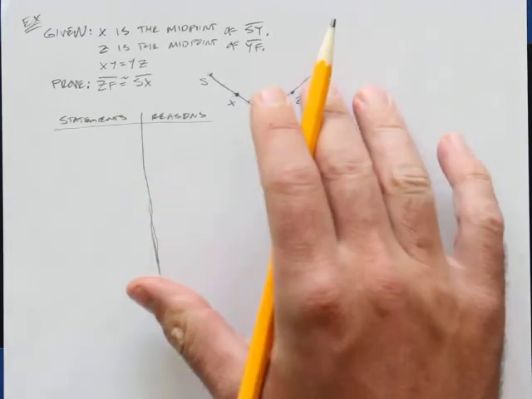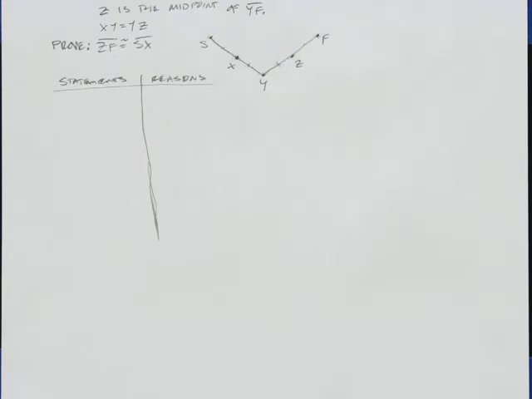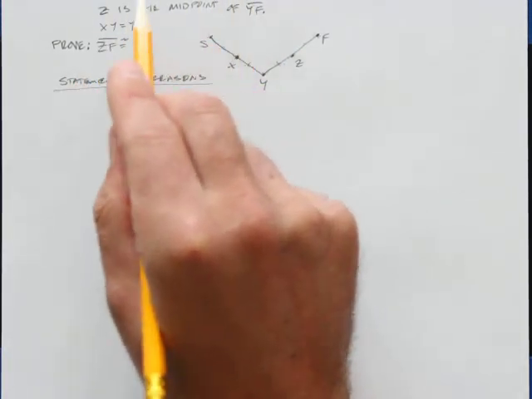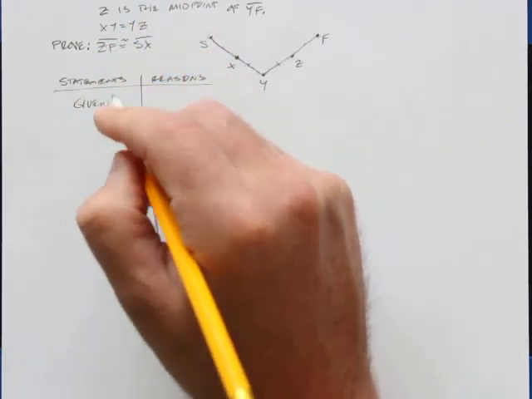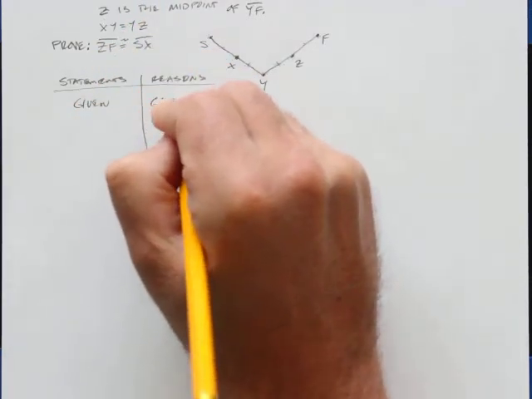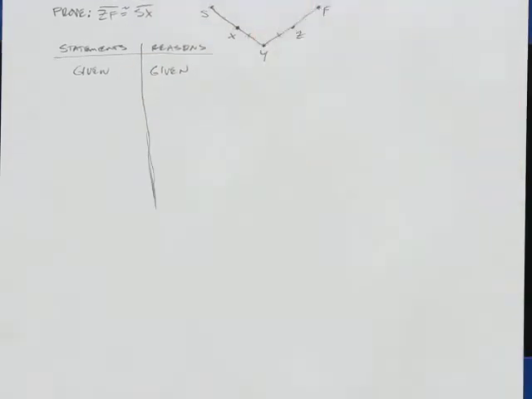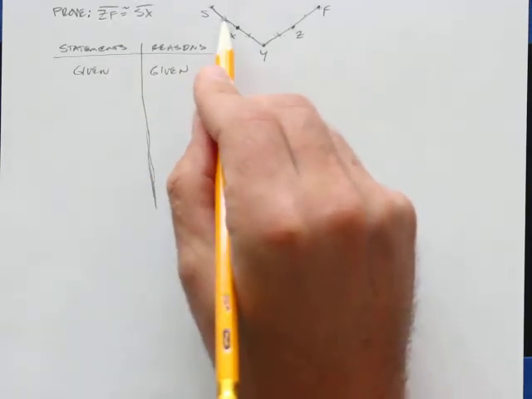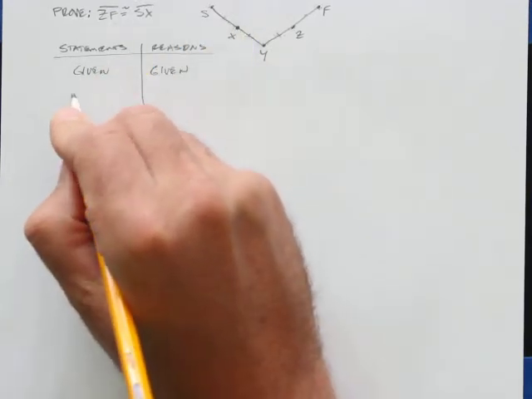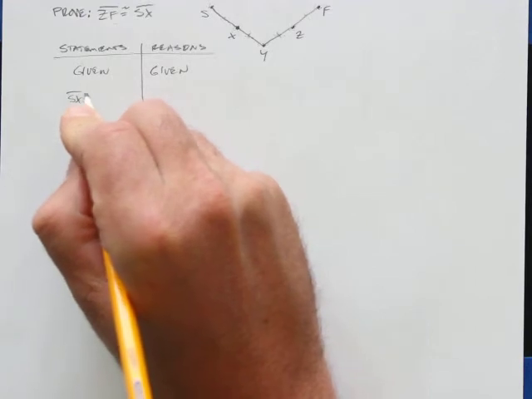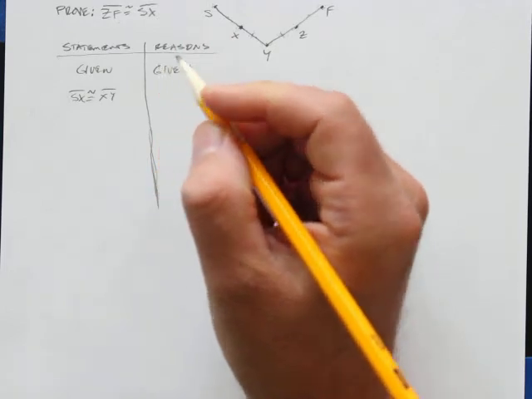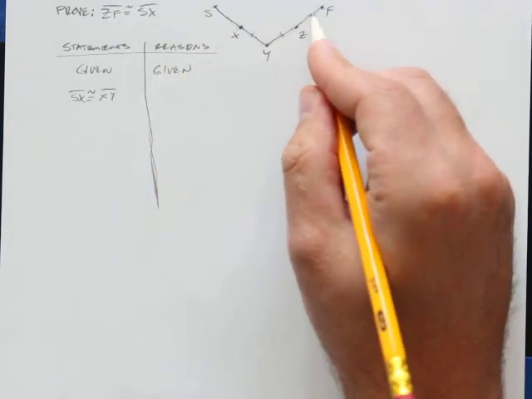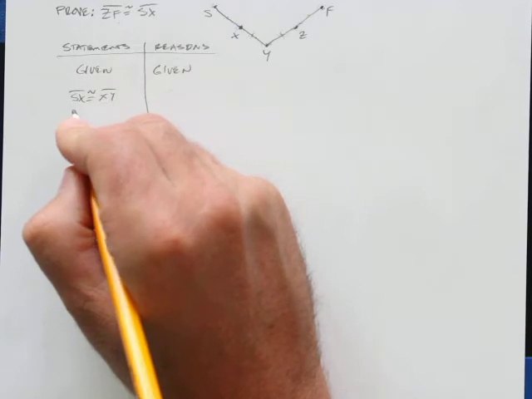So let's see if we can write this out, and hopefully it makes sense. There's a lot of given here, and I'm just going to write given. You should be writing all of that down, but I'm not going to for the sake of time. This is already the third piece of this video. Now I'm going to say that segments SX and XY are congruent, and I'm also going to say that YZ and ZF are congruent.